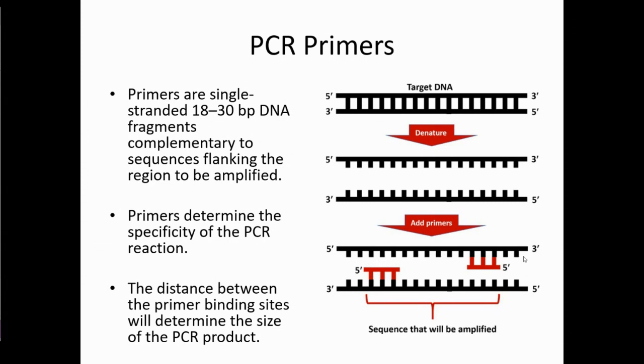That means the first step before you design the primer is that you need to know the DNA sequence. That's the reason why, when you have COVID-19, the SARS-CoV-2 virus, the first thing you need to do is determine the genome sequence, because once you determine the genome sequence, you will be able to design the PCR primer so that you can perform the test to determine the presence of the virus.